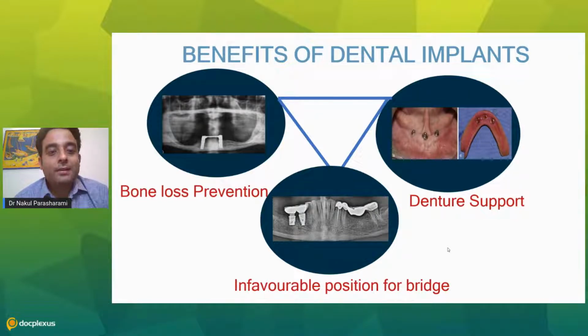As these cases, which we call distal extension cases, make it very difficult to give a bridge with a cantilever. So to overcome these, placement of two implants solves the entire problem, and the patient can chew his food properly and comfortably.